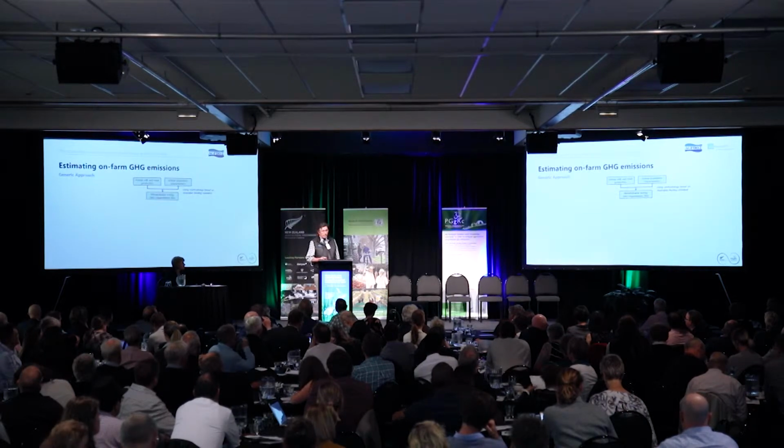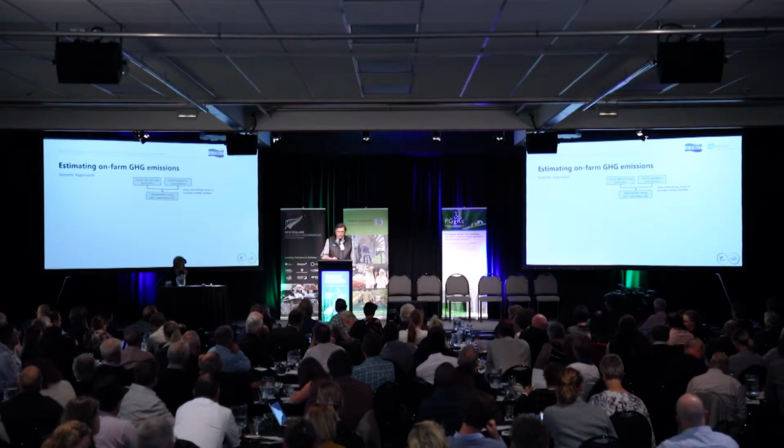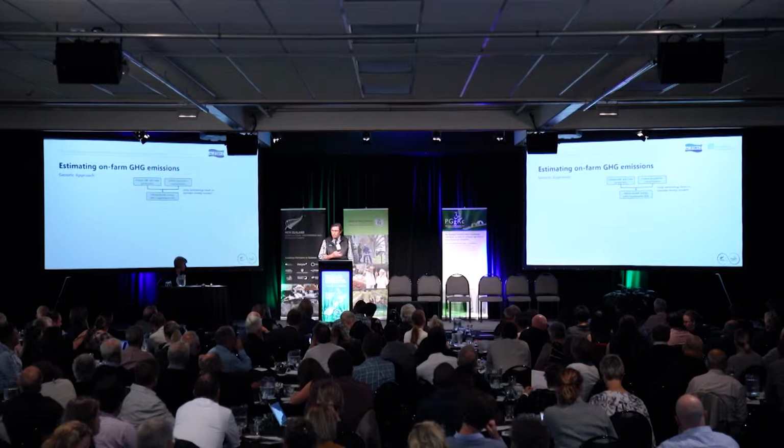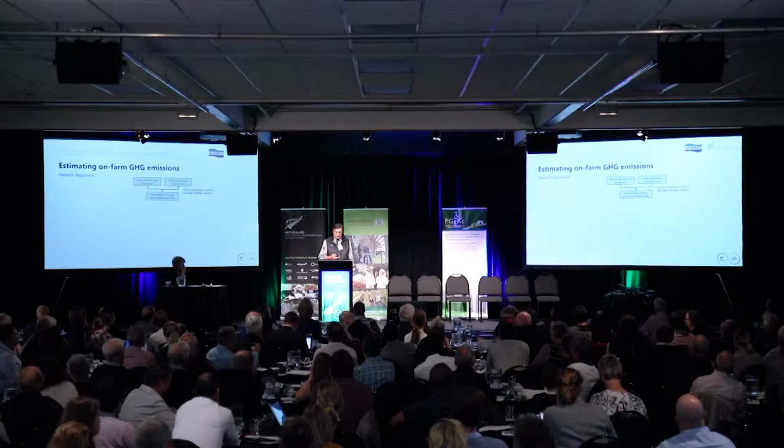I just wanted to step you through some of this because the same methodology applies to the likes of Overseer and calculating on-farm emissions as well. So there's a generic approach. In terms of animal production, the number of animals, we're able to calculate metabolizable energy requirements. That's based on the Australian feeding standards.